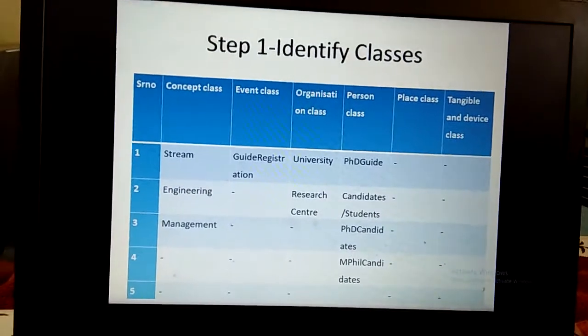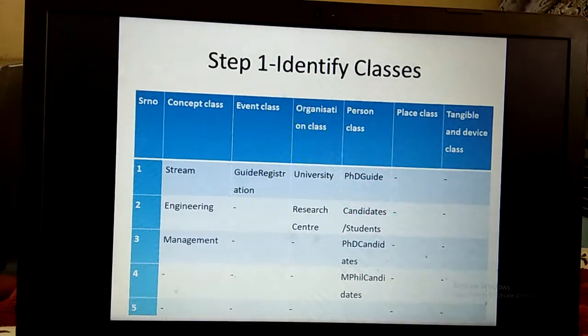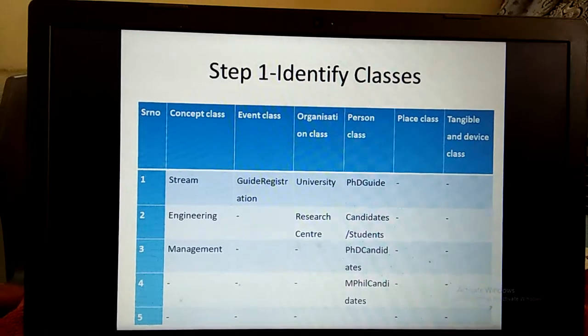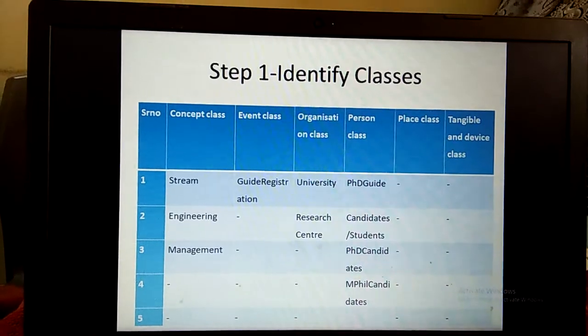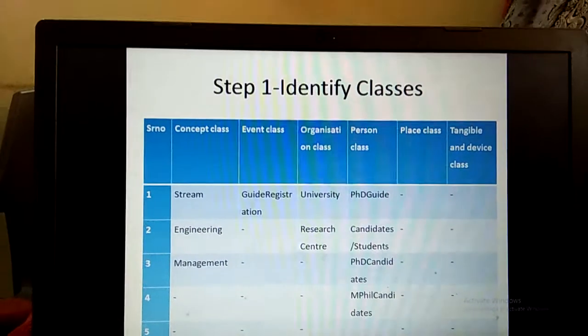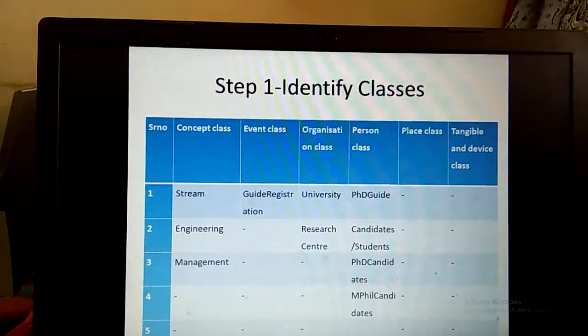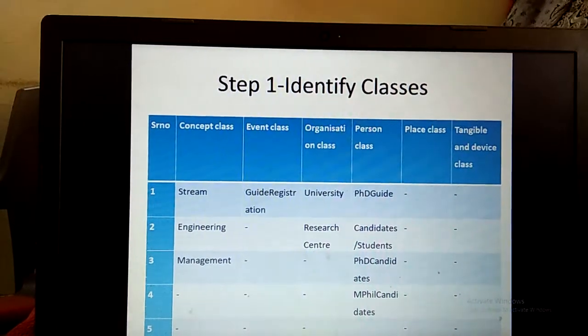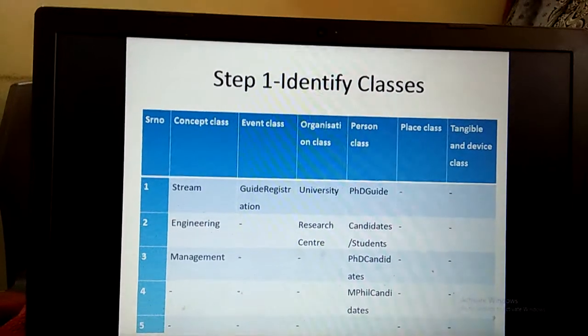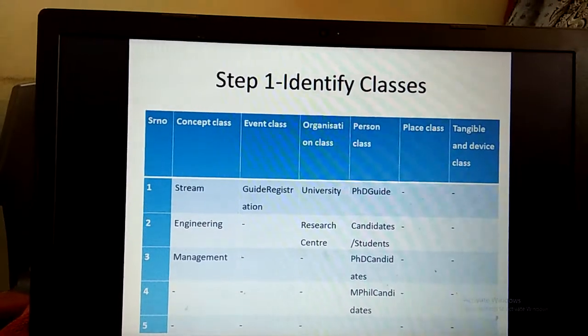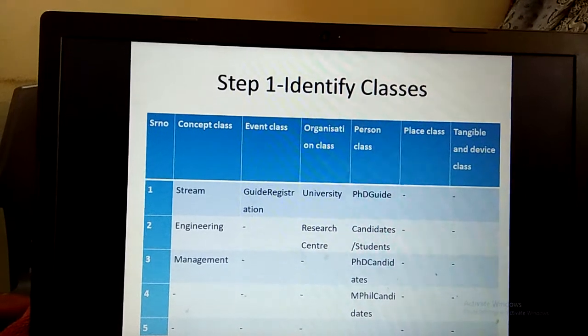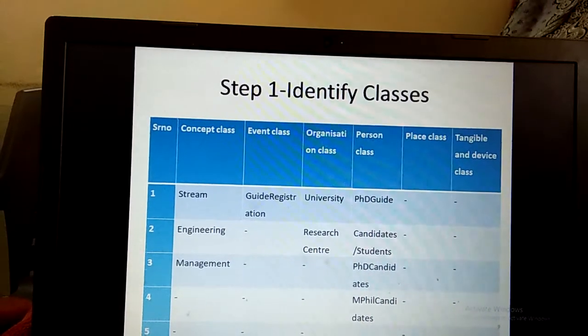The first step is about identifying a class. To identify a class, there are many approaches. There is a common class approach which we have used to identify the classes in this case study.